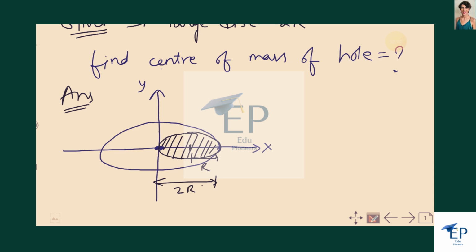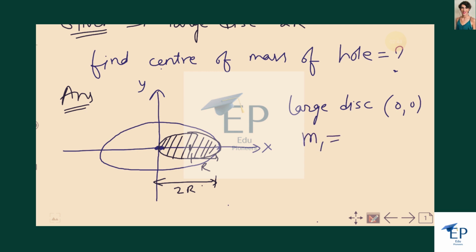Now my next target is to find the center of mass of this system. Before finding this, first I will find the coordinates and mass of the large disk and the hole. For the large disk the center is lying on the origin, so the coordinate is 0, 0, and the mass is m1.